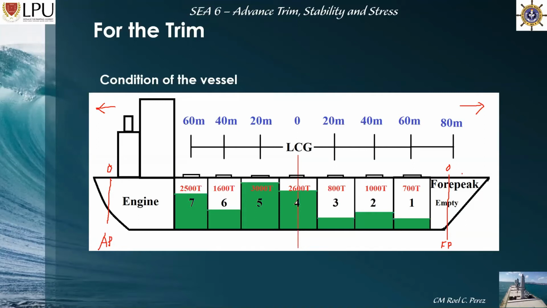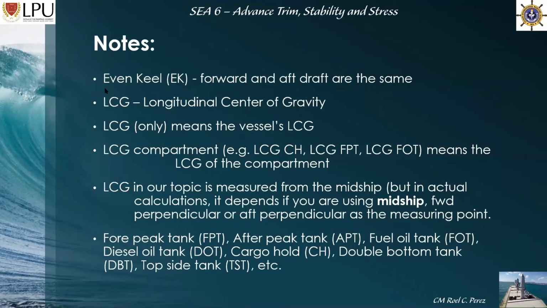Okay, notes. For even keel, we use EK. Forward and aft draft are the same, so it means the trim is 0. LCG is longitudinal center of gravity. Normally, LCG only means the vessel's LCG.